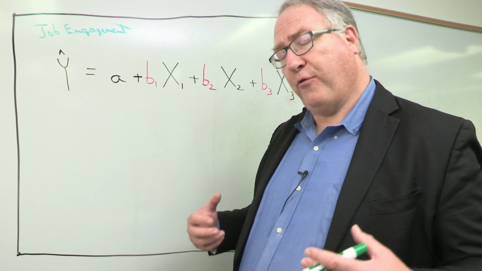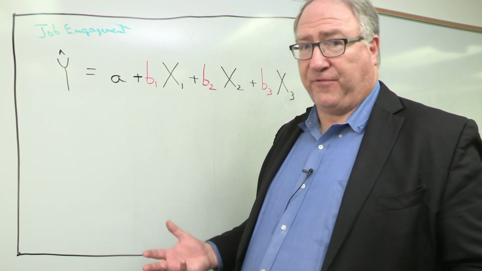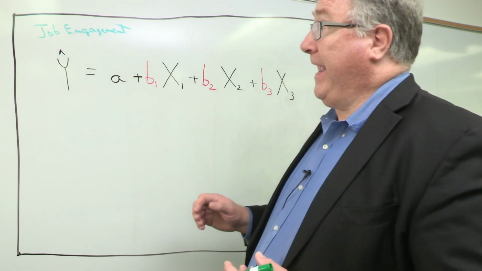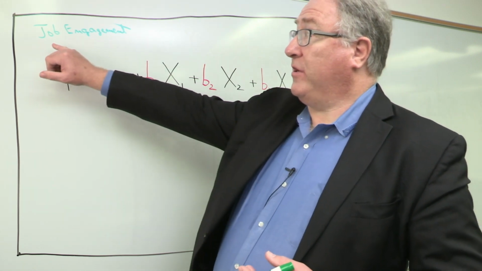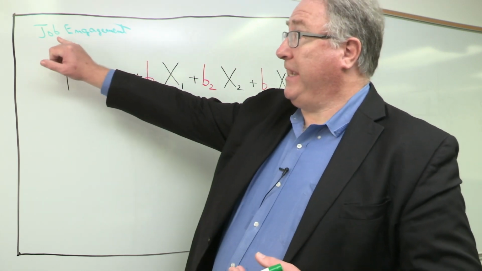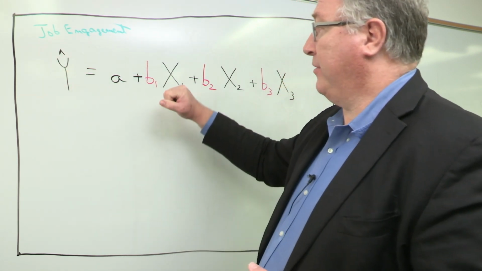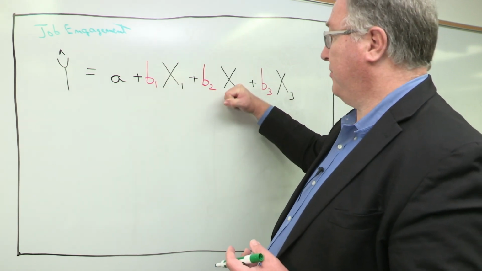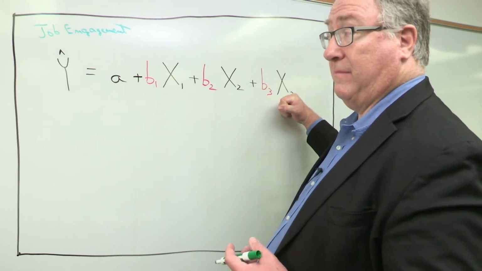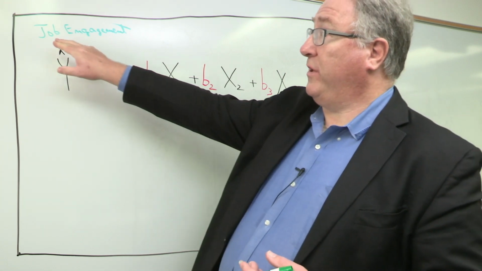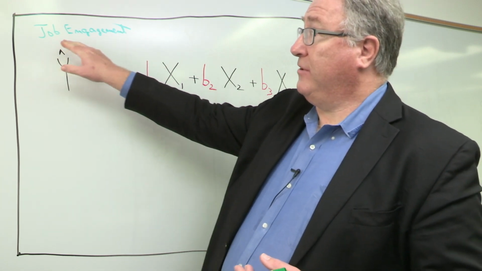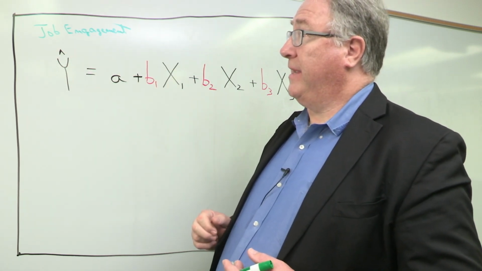It is a tool for explaining a particular phenomenon. And here, the phenomenon that we are seeking to explain in terms of the predictor variables that are in the model is job engagement.